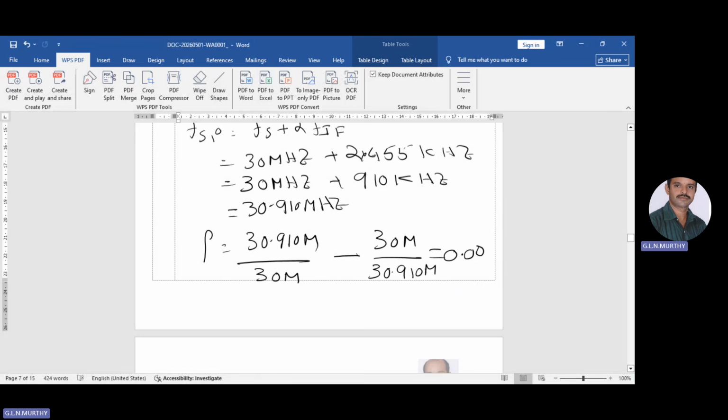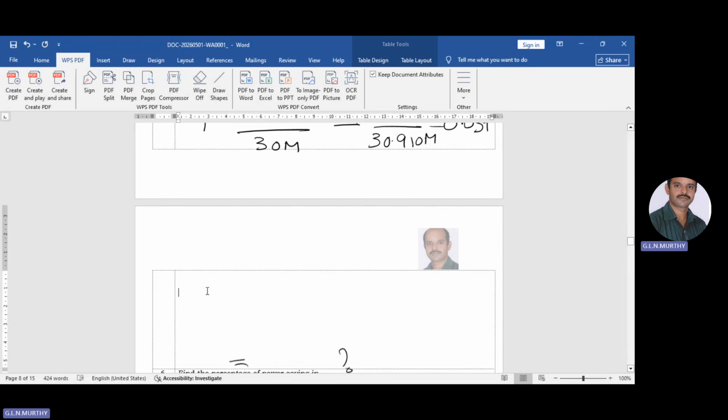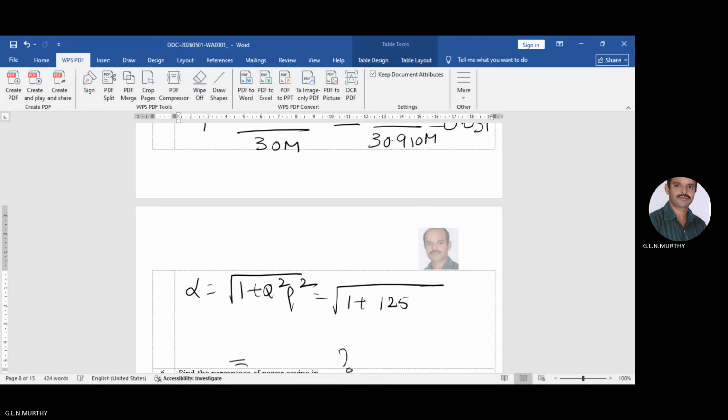This is the rho value. So immediately substitute for alpha. Alpha equals root of 1 plus Q square rho square, so root of 1 plus 125 square into 0.059 whole square. The answer will be around 7.53 roughly.